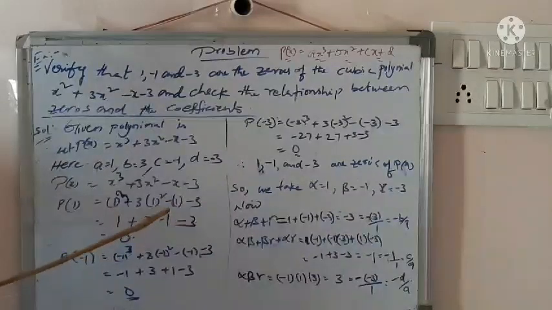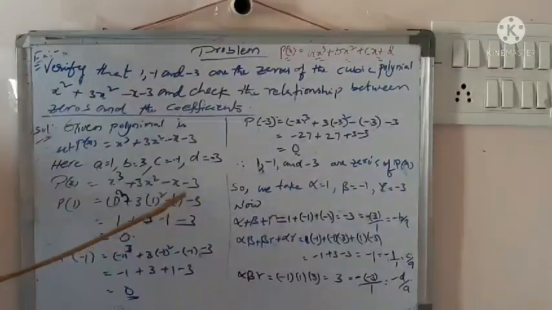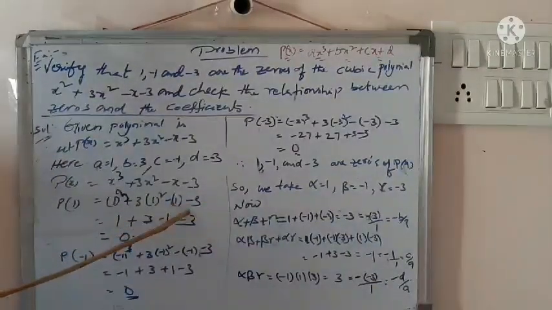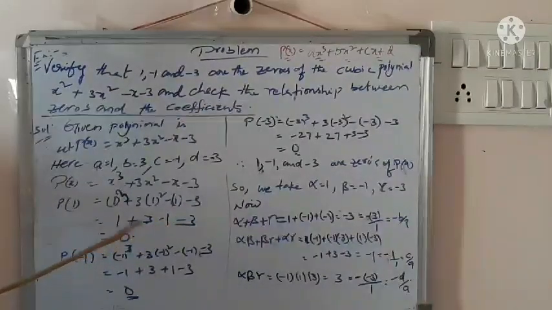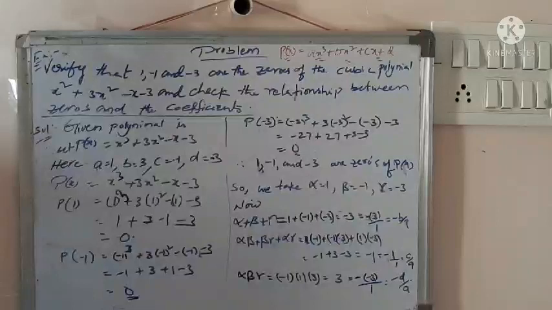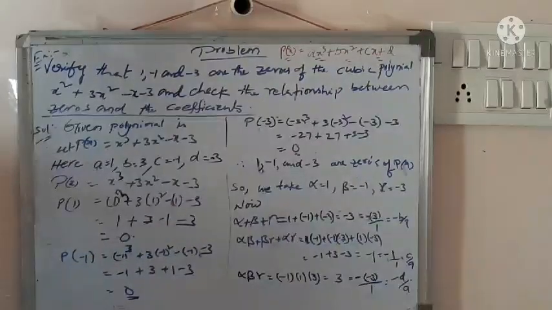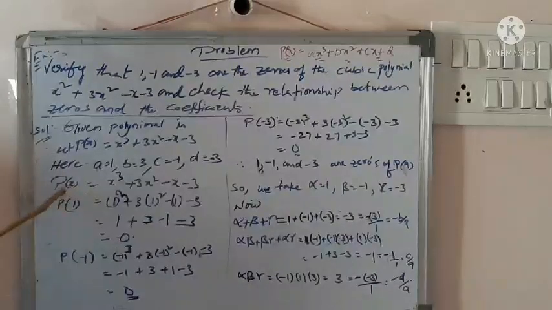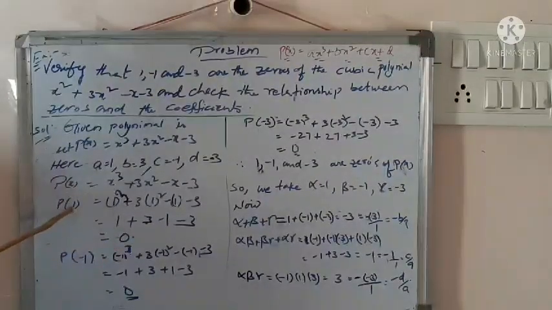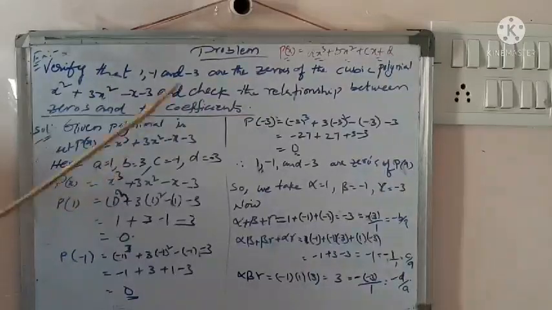Here plus into minus is minus 1, and the constant value is minus 3. 1 plus 1 minus 1 you will get 0, and 3 minus 3 will get 0. So the answer is 0. The polynomial becomes 0, so 1 is called a zero of the given polynomial.